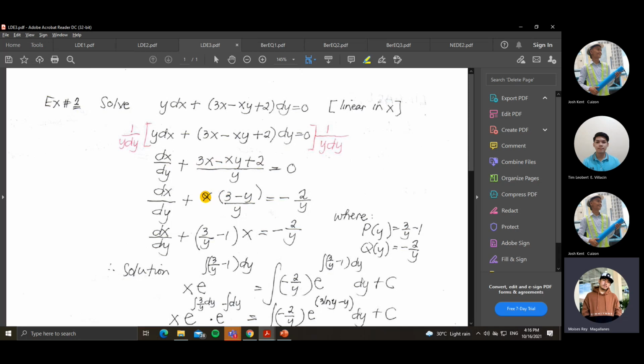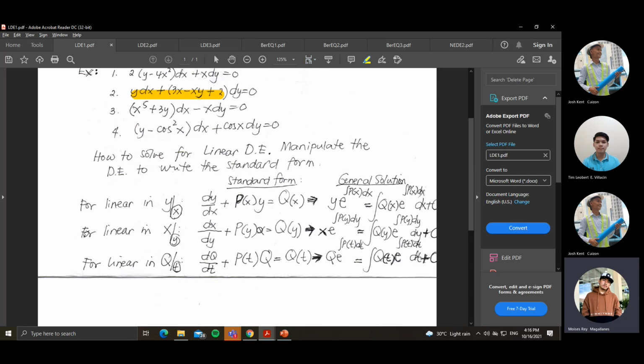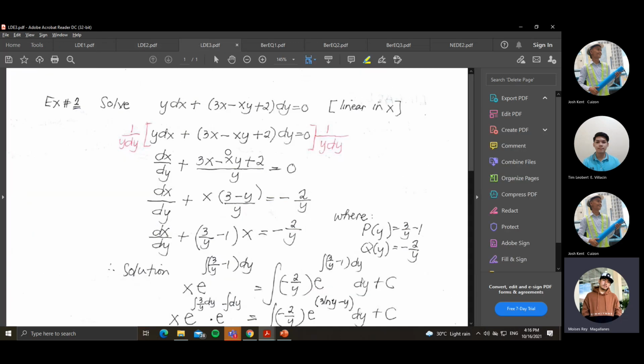We factor out the x because, for the standard form, x must be factored out. That value should be our p of x.